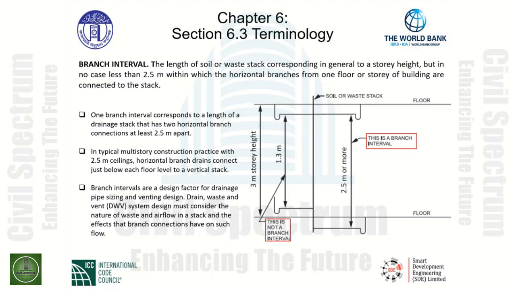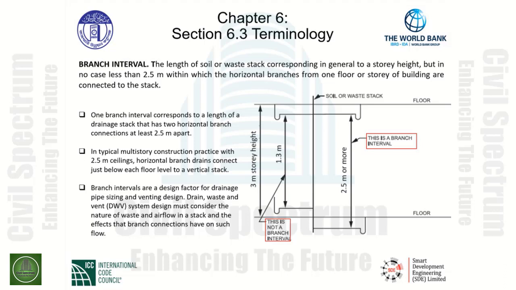In typical multi-story construction practice, typically with 2.5 meter ceilings, horizontal branches connect just below each floor level to a vertical stack. Branch intervals are a design factor for drainage pipe sizing and venting.